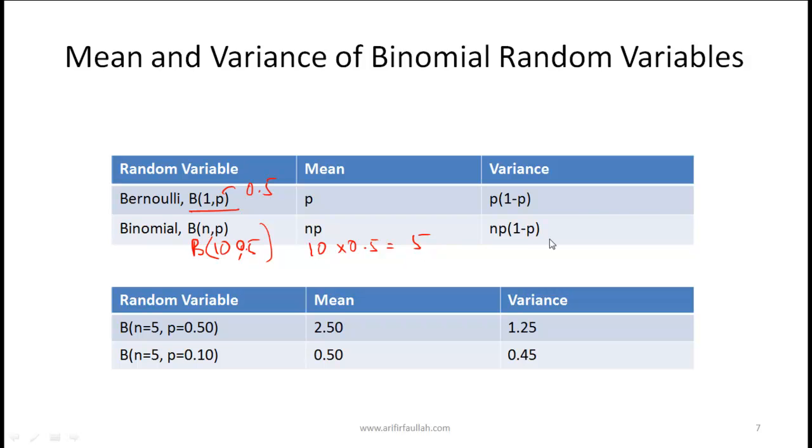Now, what does variance mean? Again, let's say that you are performing this binomial experiment where one binomial experiment is the combination of 10 Bernoullis. If you do this many times, let's say the first time you get x equals 5, next time you have x equals 4, then x equals 7, then x equals 3, and so on.